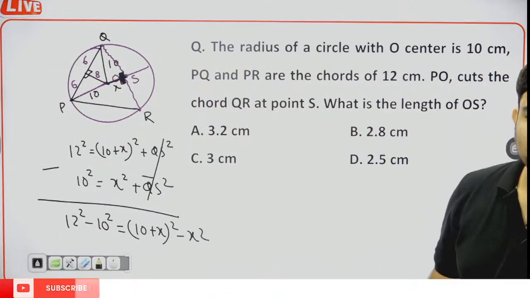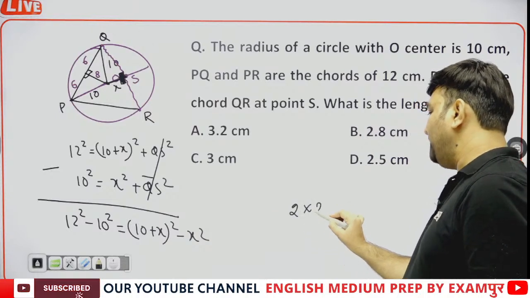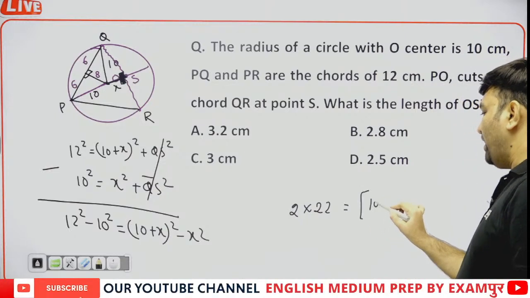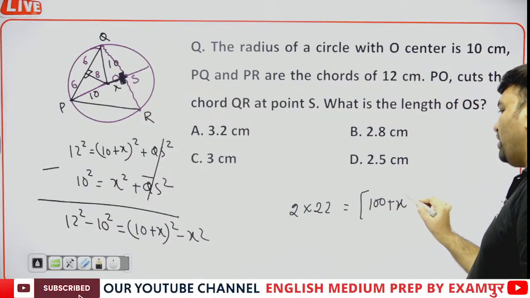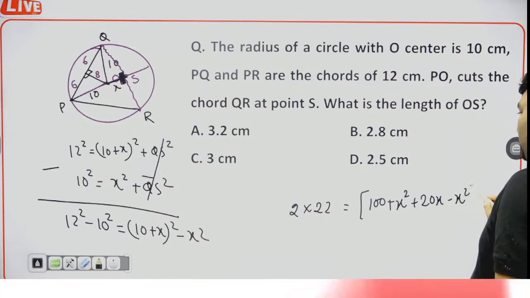A square minus B square is (A minus B)(A plus B), equal to 100 plus X square plus 20X minus X square.